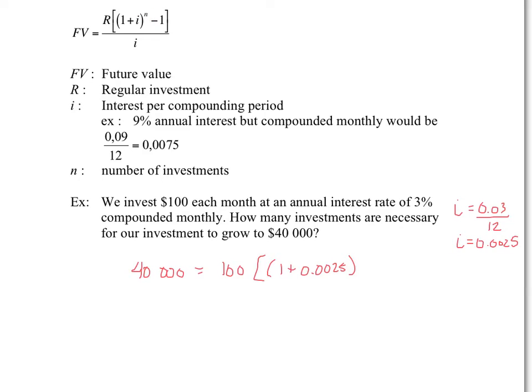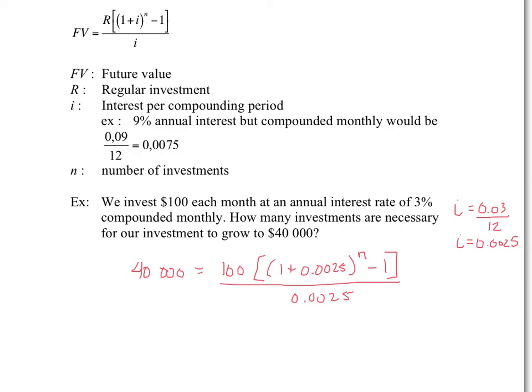N is something I don't know. So that is the variable we're going to try to solve. So n. And then minus 1. And all that is divided by I, which is our 0.0025. Okay, so really the purpose of this question is to solve for n.